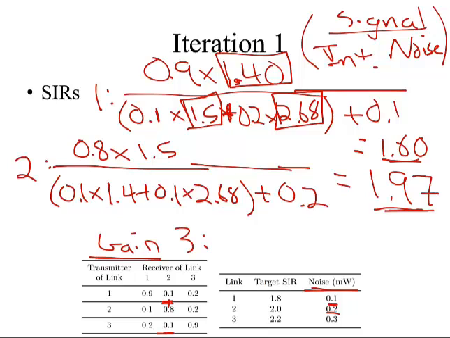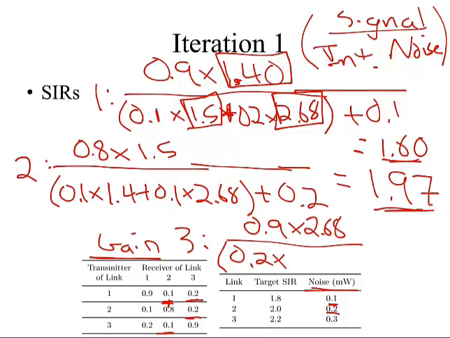And for link 3, we have 0.9 times 2.68 direct over interfering, which would be these 0.2 values: 0.2 times 1.4 plus 0.2 times 1.5 plus the noise, which was 0.3, and that comes out to be 2.75.